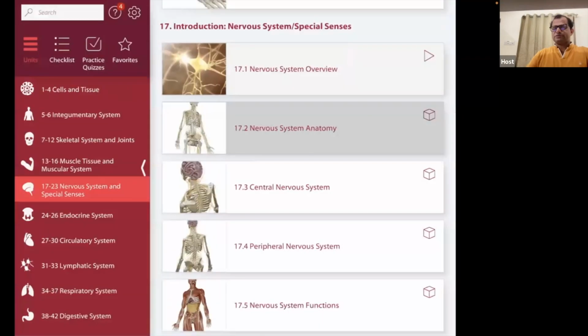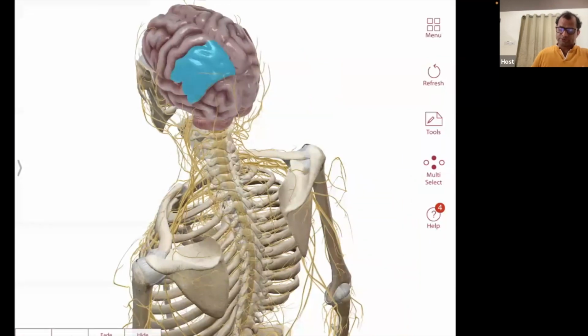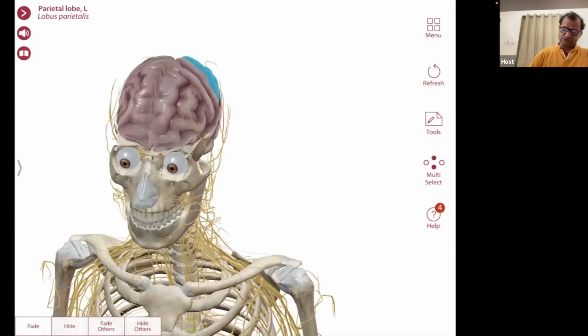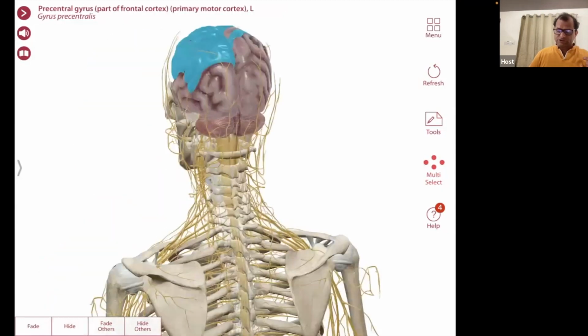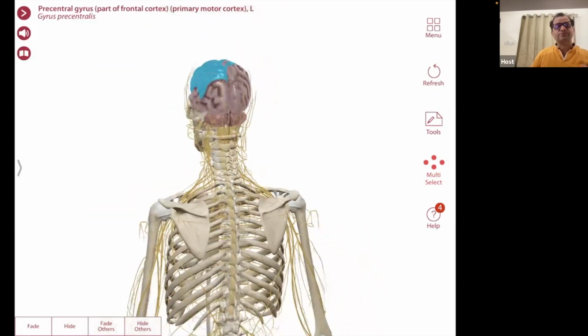If we see in this image, this is the brain. The brain is part of the central nervous system, and the spine is also part of the central nervous system.